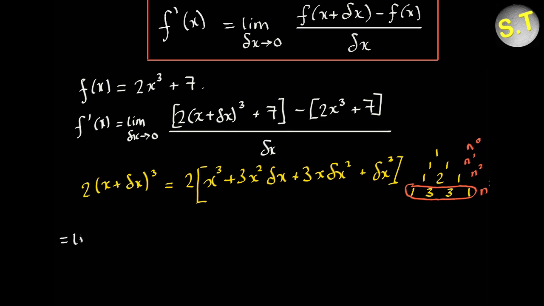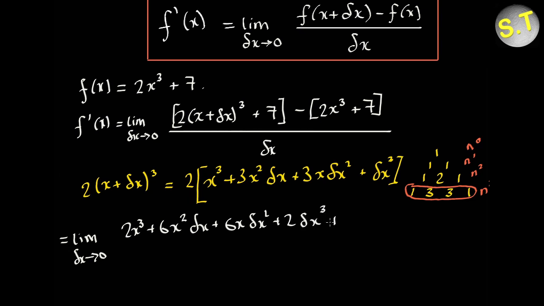We have the limit as delta x approaches 0 of, we're going to have 2x cubed plus 6x squared delta x plus 6x delta x squared plus 2 delta x cubed plus 7.